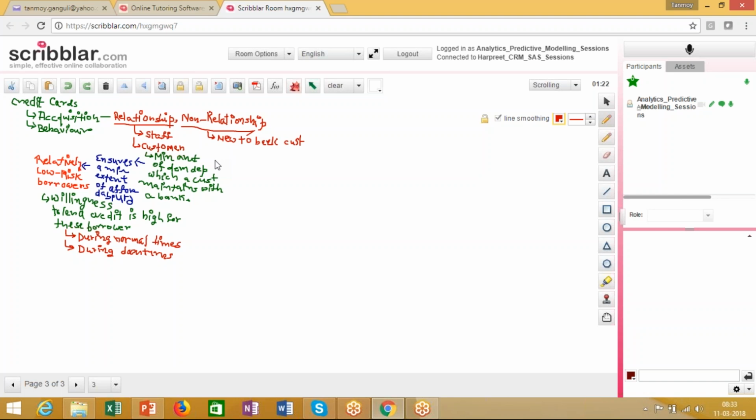Is it possible that the non-relationship segment itself varies in riskiness? What are the other intricacies? Those are the topics we'll discuss in tomorrow's class. After that, we'll move on to the personal loan and home loan portfolios.